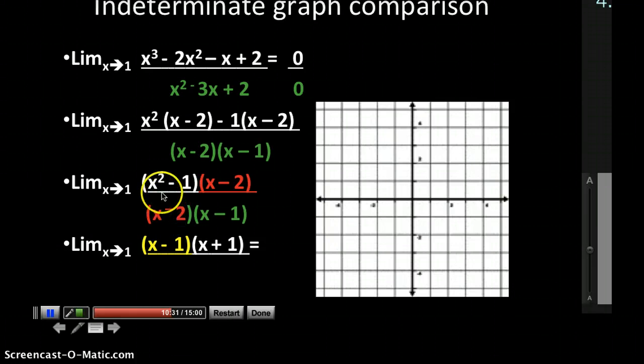You'll also notice that the x squared minus 1 will factor even more, and the remaining denominator, x minus 1, is going to cancel with that, and I end up with x minus 1 equals 2. And this is the same one we had before. So here's the line, x minus 1 equals 2.